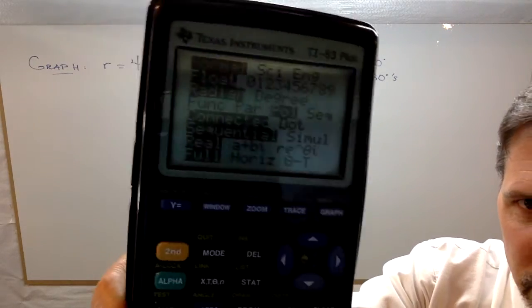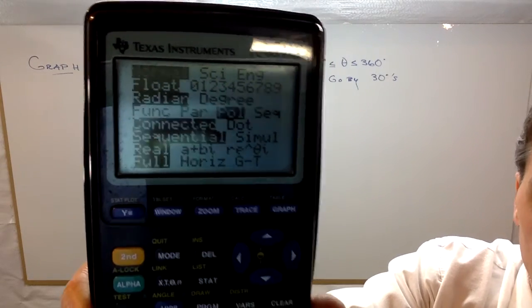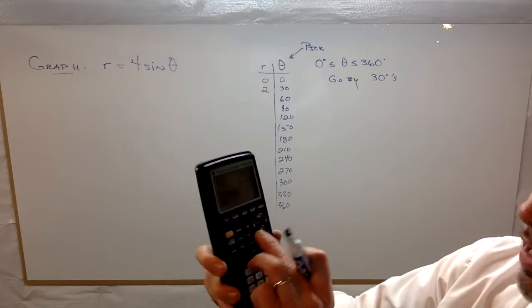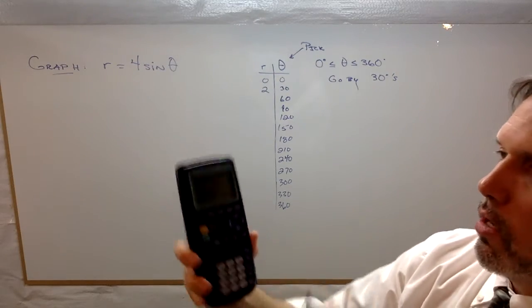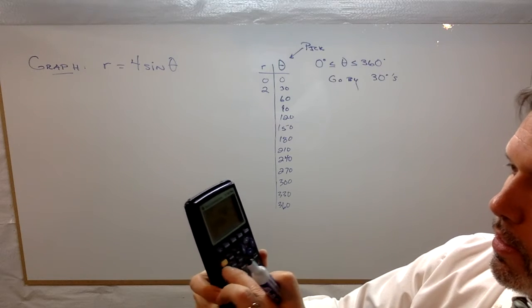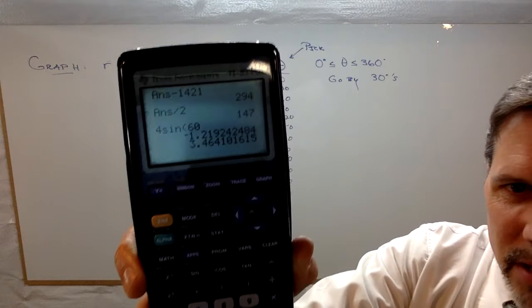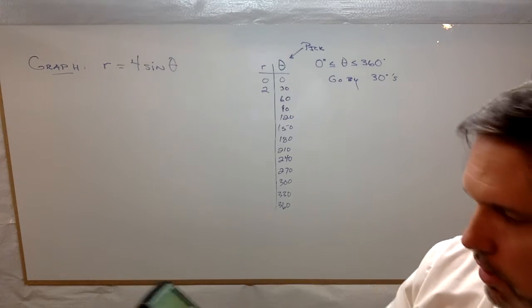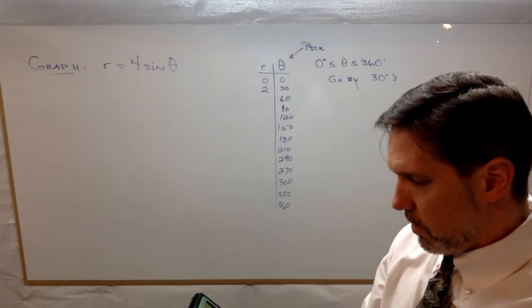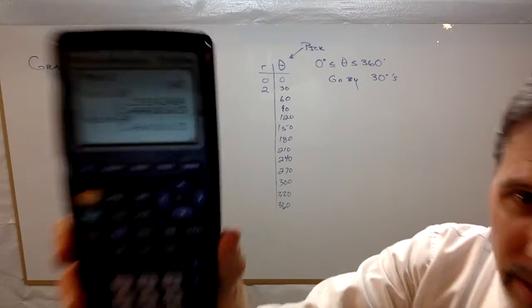I actually did that on purpose, so I would show you how that mistake is made. Actually, that's not true. I literally forgot to tell you to turn your calculator back to degrees. So highlight the degrees, go back, second quit, hit enter again, and hopefully it gives me something better. I believe that's correct. I'm just going to punch it in again just in case. 4 sine of 60, yep. It's about 3.5-ish.